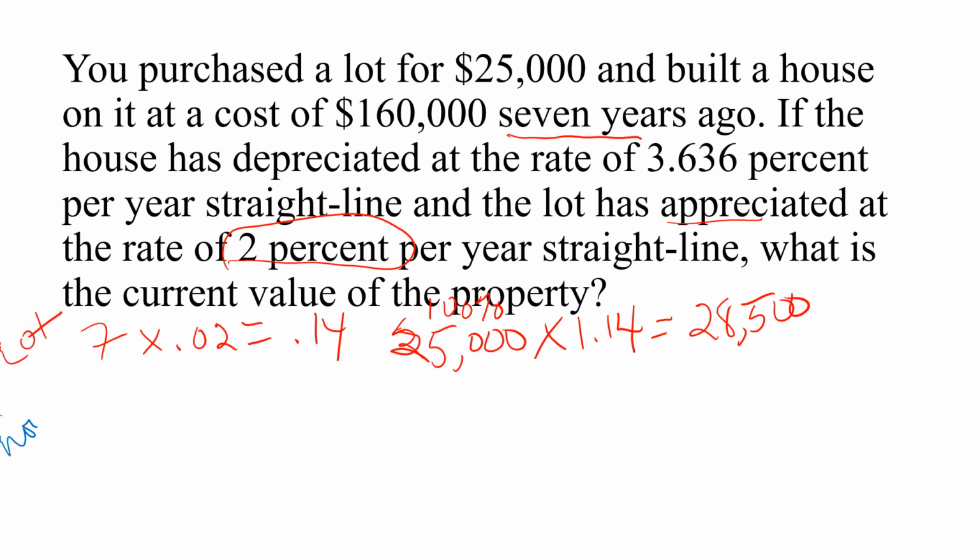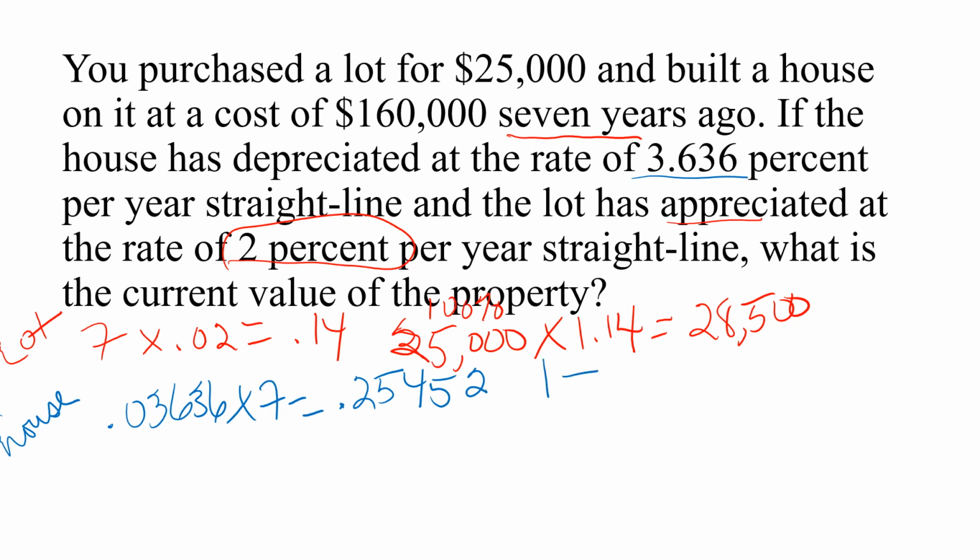So let's do our house now. Our house depreciated, let's turn that into a decimal, 0.03636 times 7 is 0.25452. So let's say 1 minus 0.25452 equals 0.74548. So that's the amount we're going to want to multiply by.